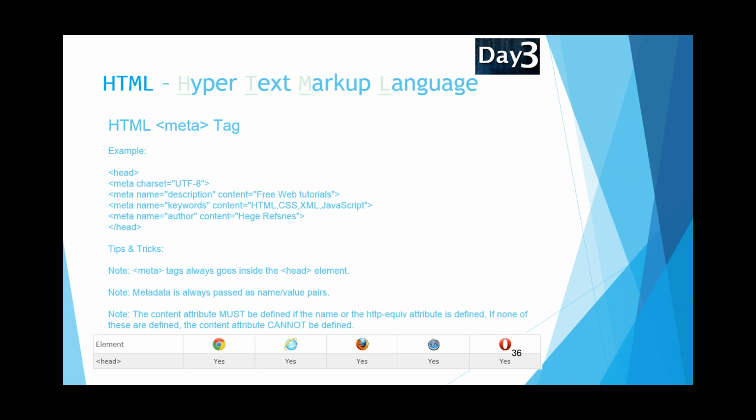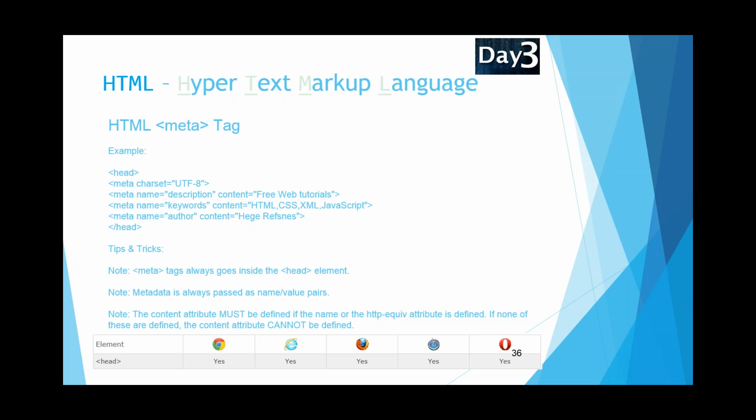Finally the fourth one is name author, that defines who is the author of this page. Tips and tricks: meta tags always go inside the head element, and metadata is always passed as a name-value pair. Name is the name and content is the actual value.